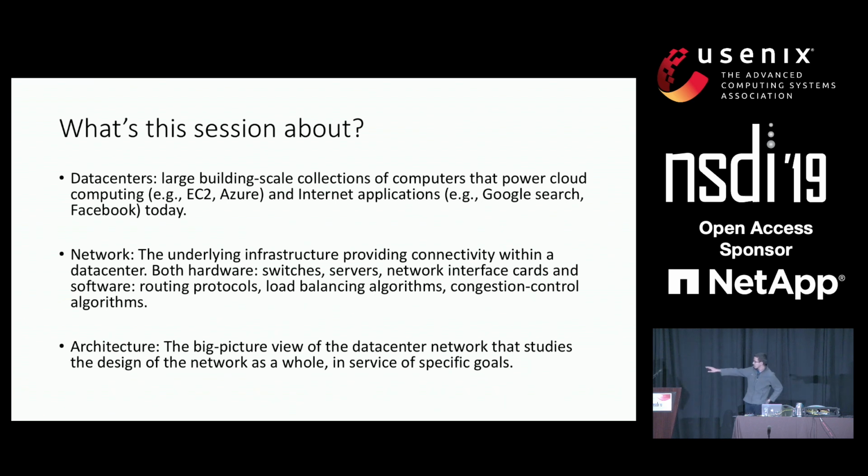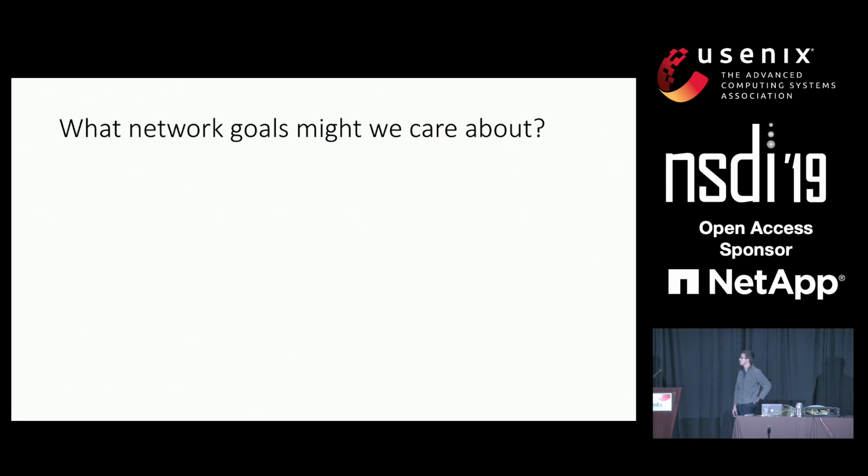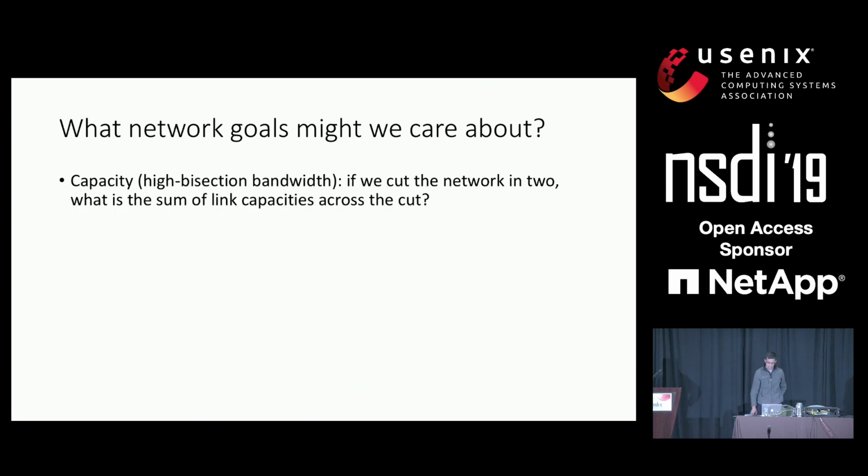So the important thing with any kind of architecture is what goal it's trying to address. So what are the kinds of goals you might care about from a network? Specifically in a data center, you might care about high capacity, specifically high bisection bandwidth. So if you took the graph representing the network, cut it in half and measured the capacity flowing across the cut, you want that to be as high as possible.